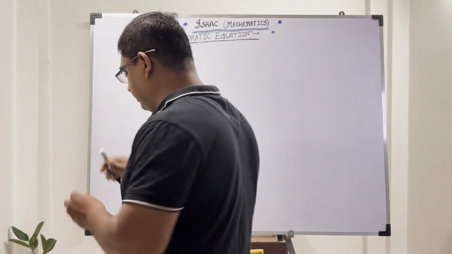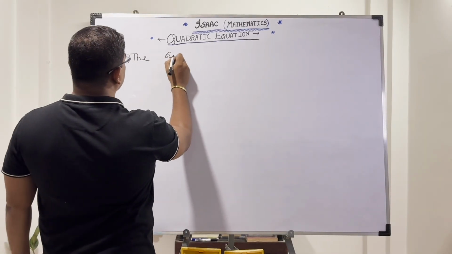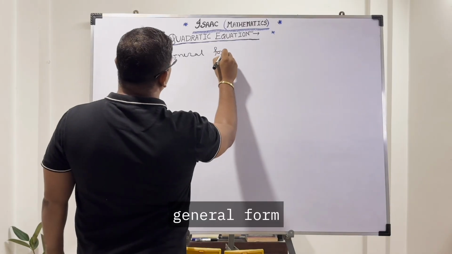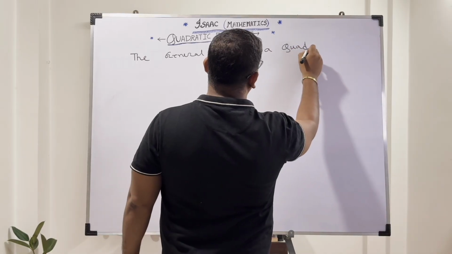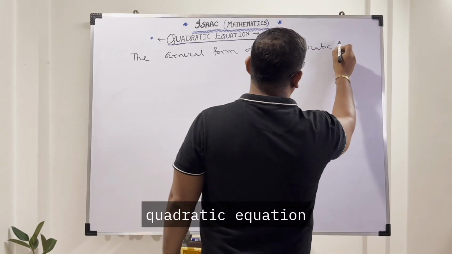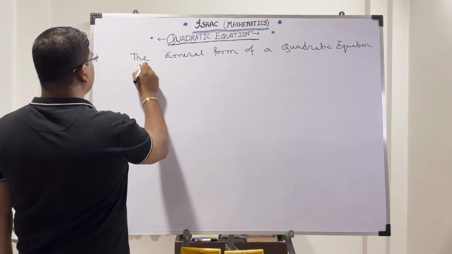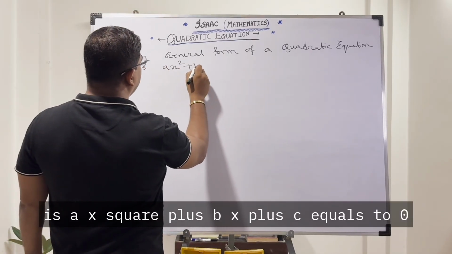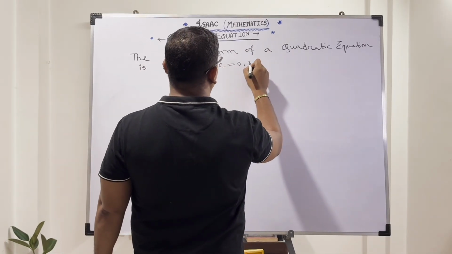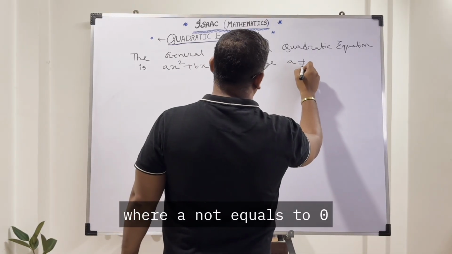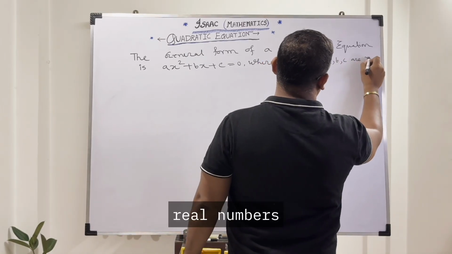The general form of a quadratic equation is ax square plus bx plus c equals to 0, where a not equals to 0 and a, b, c are real numbers.